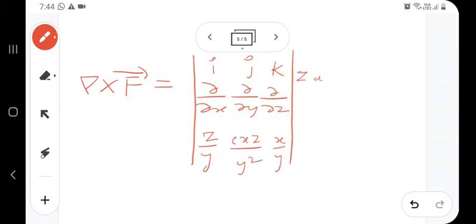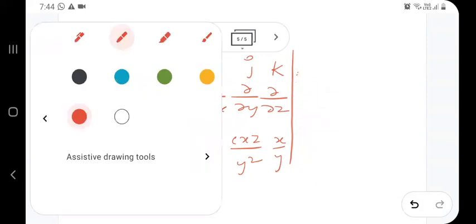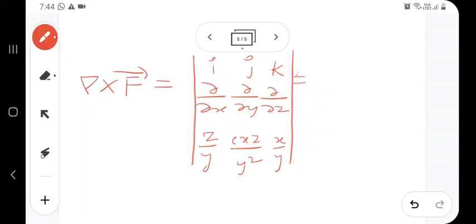This equals i cap into, neglecting the i column and row, dou by dou y of x by y, where x is constant, gives minus x by y square, minus dou by dou z of c x z by y square. So there x and y are constant, minus c x by y square.